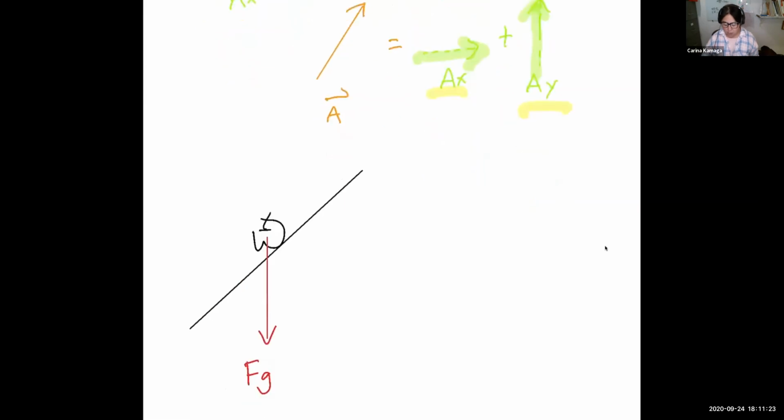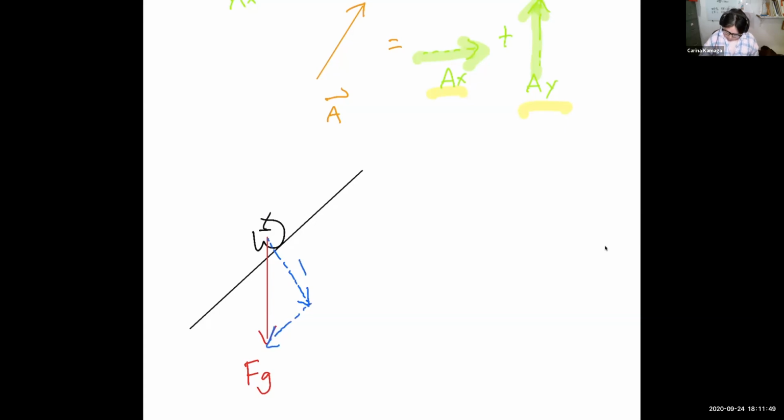So here, the gravitational force is always vertically downward, and instead of seeing just that, we're going to decompose it. Some of this gravitational force is made of this, plus some of the gravitational force is made of this much.